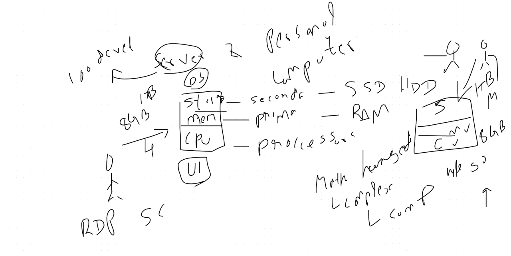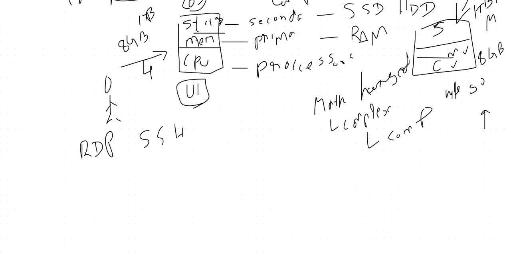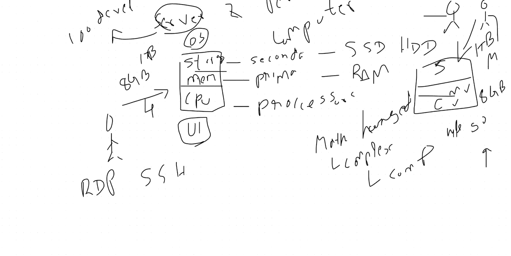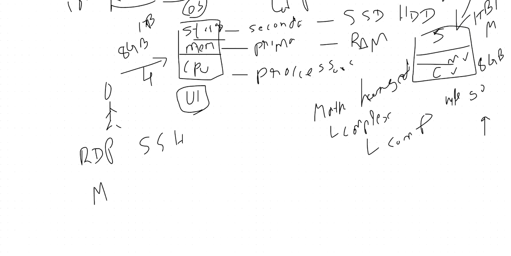So when do you use RDP? For example, if your server is running a Microsoft OS, then you will use the RDP protocol. If you have any Linux-based systems, you use SSH. So these are the different ways to connect to this particular server.